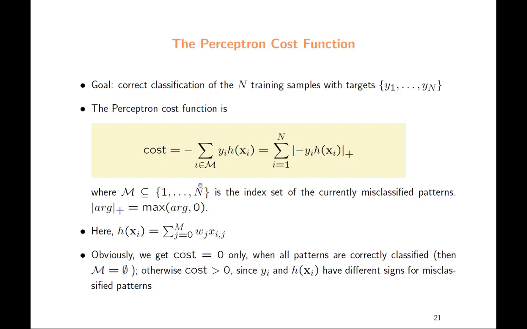The cost is 0 only when all patterns are correctly classified, so the set of misclassified patterns becomes 0. Otherwise the cost is larger than 0 because yi and h of xi must have different signs.